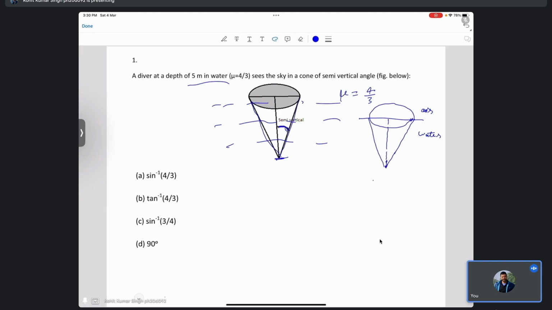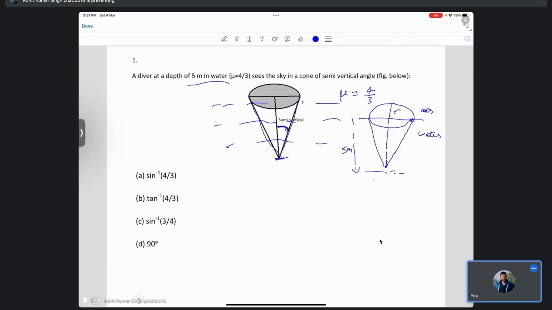So the diver is here, and this is the depth, 5 meter, and he can only see the sky through a cone, and this cone will have some radius r.